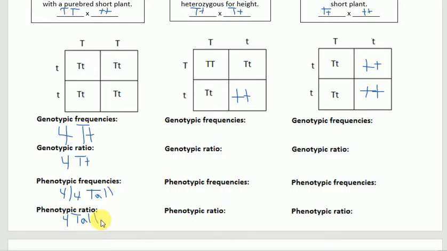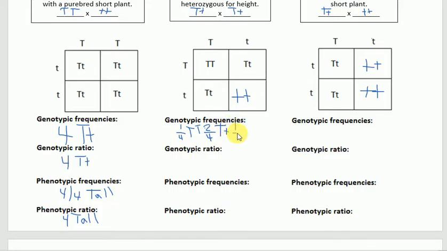Okay, so now let's look at the next one, which has a little bit different variations. So the genotypic frequency, what they want from you is they want to know that I have 1 out of 4 that is a capital T, capital T, and I have got 2 out of 4 that is a big T, little t.